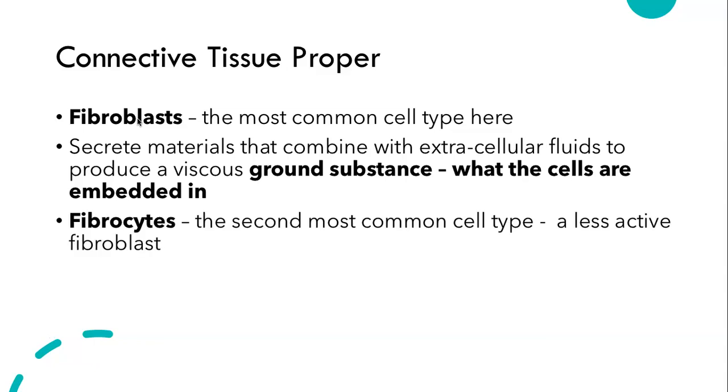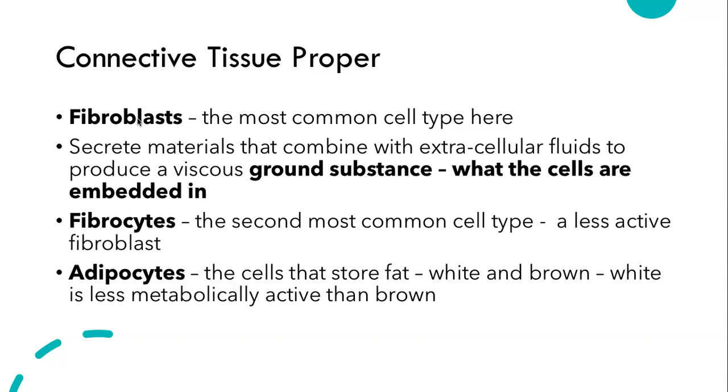The second most common type are called fibrocytes, and I just think of them as a less active fibroblast. And then we have a third type of cell called the adipocytes, the cells that store fat. There's both white and brown adipocytes, producing white fat and brown fat. White fat is less metabolically active than brown fat. You'll read a little bit more about that in the chapter. But just for now, know that adipocytes are the adipose cells.